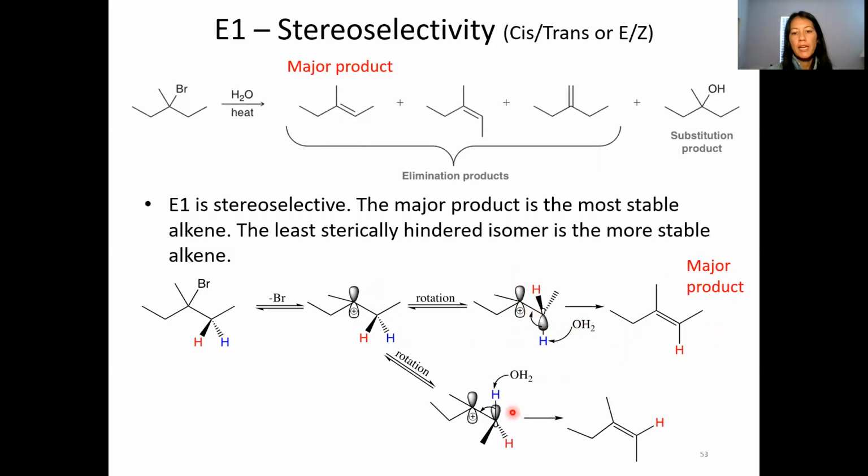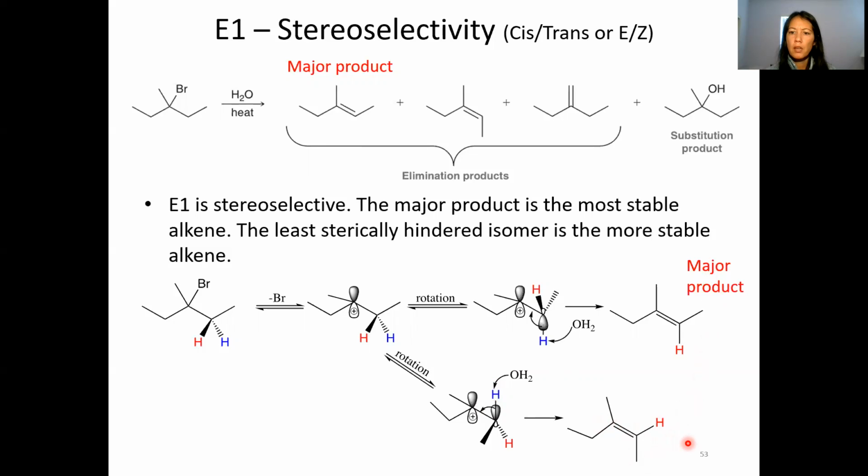If you did a bond rotation and remove this hydrogen, then this alkene forms to give the less desired, more, sorry, I think I wrote that wrong. Instead of this being the major, this should be the major here.